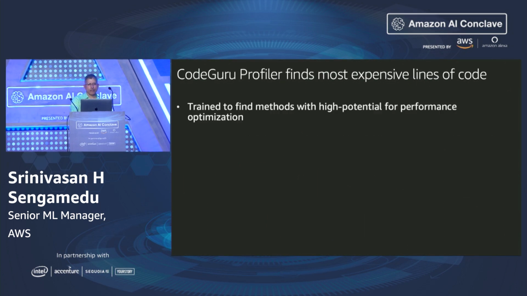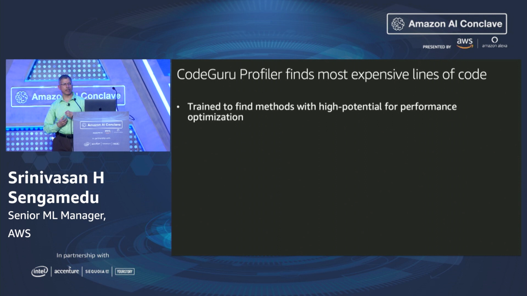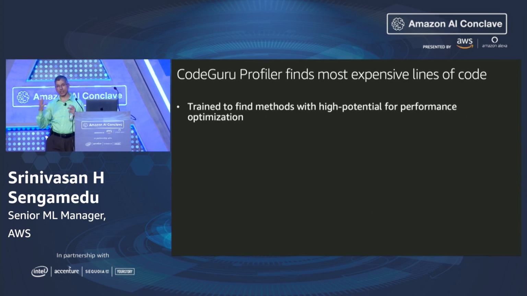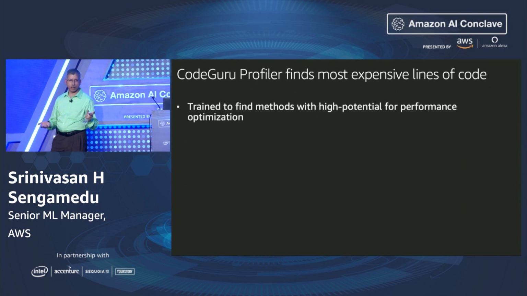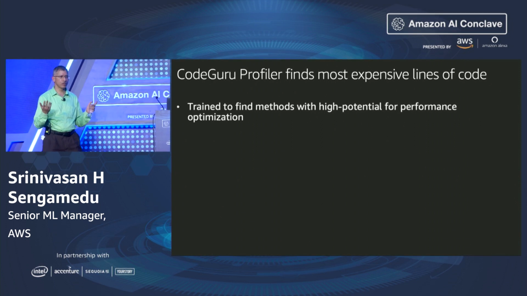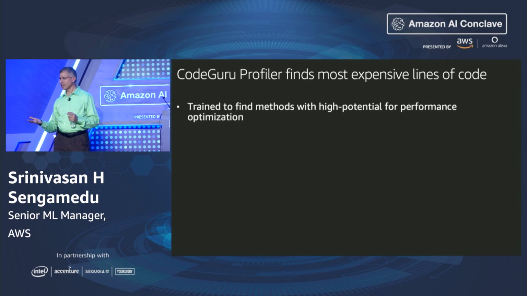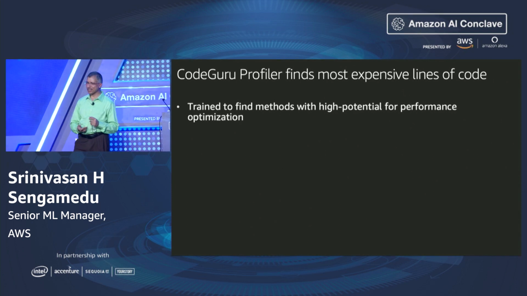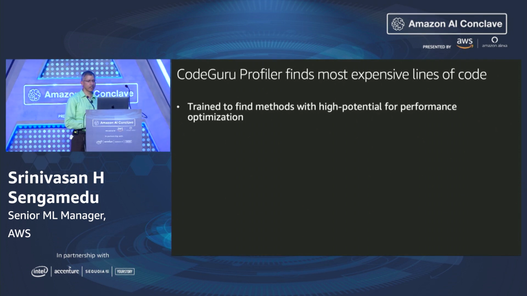Okay, so at a high level, what CodeGuru Profiler does is it helps you find methods with high potential for performance optimization. As I mentioned earlier, any large running application has thousands of methods, and if you want to reduce the latency or reduce the cost, where do you get started?